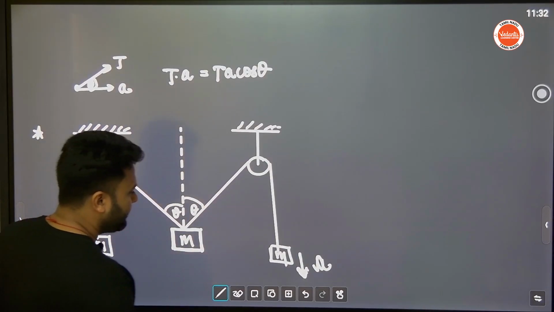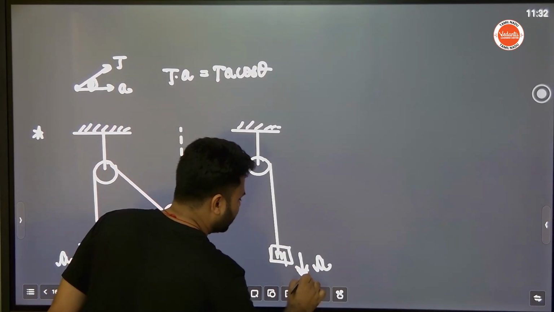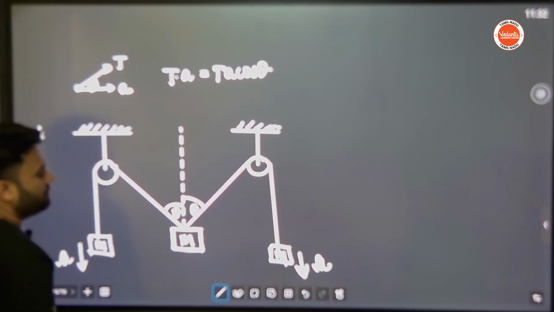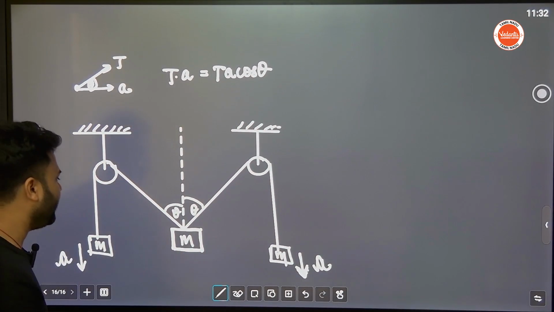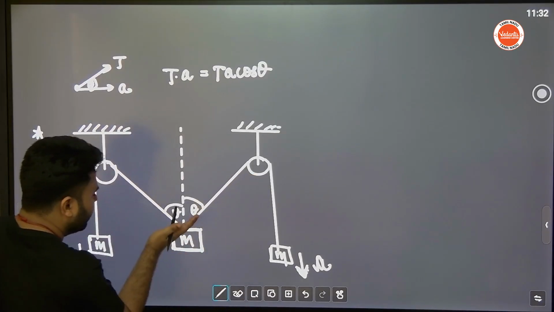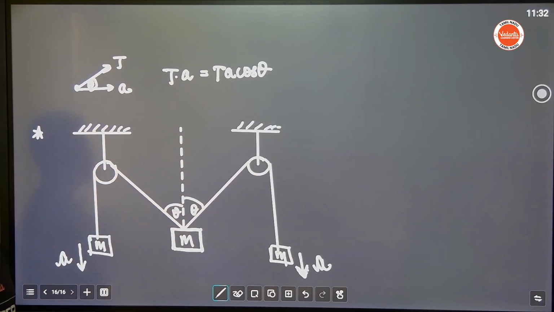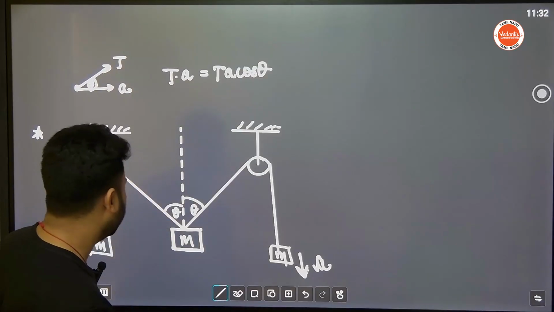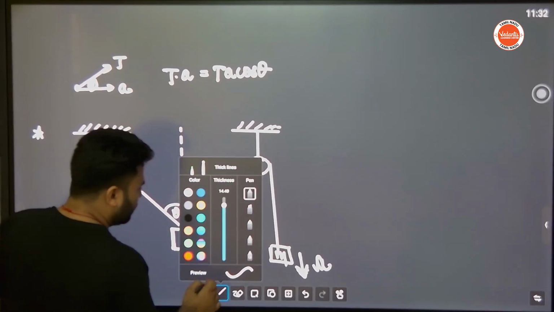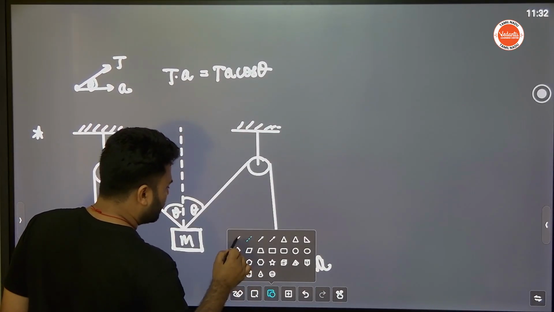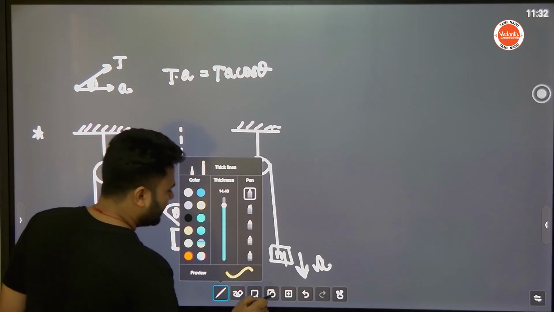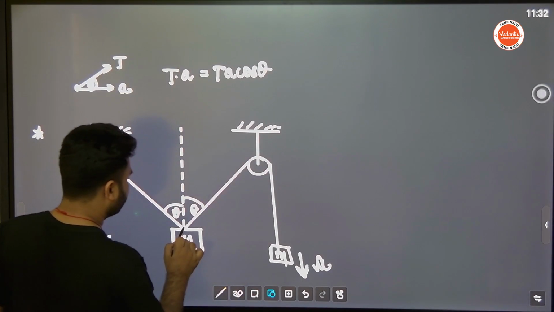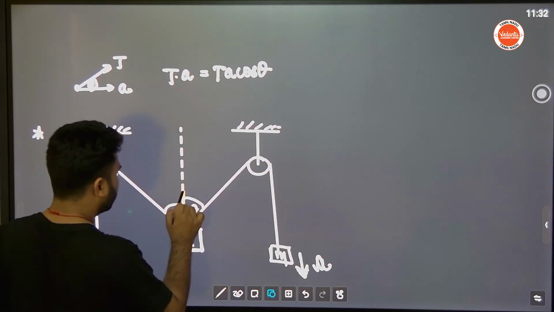So if these two masses are going down with acceleration a, definitely you know this will move up, correct? So with what acceleration is this mass going to move up?